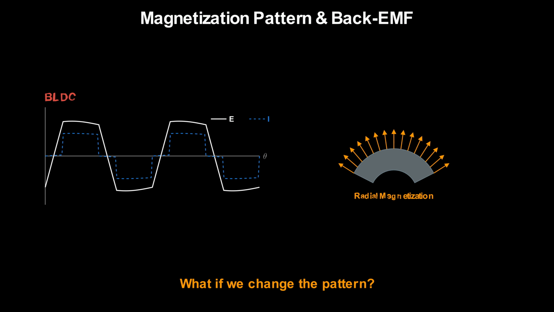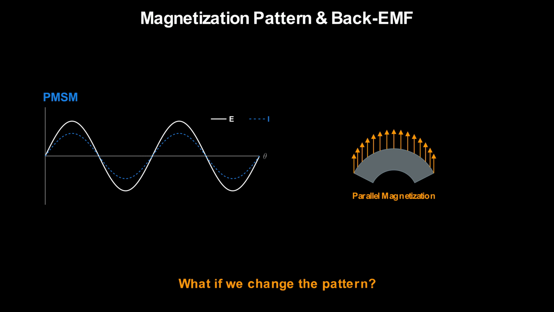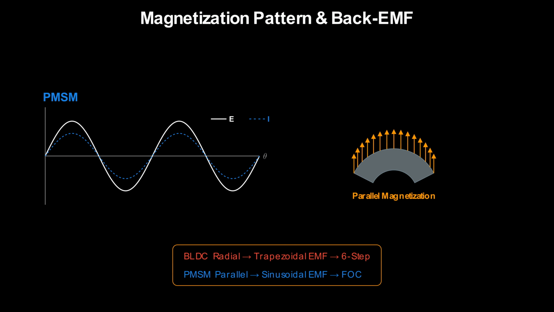However, by changing the magnetization pattern, we can produce a sinusoidal waveform instead, which is what you'll see in a PMSM. In this video, we'll distinguish between BLDC and PMSM based on these waveform differences, as they ultimately determine the specific control techniques for each motor.